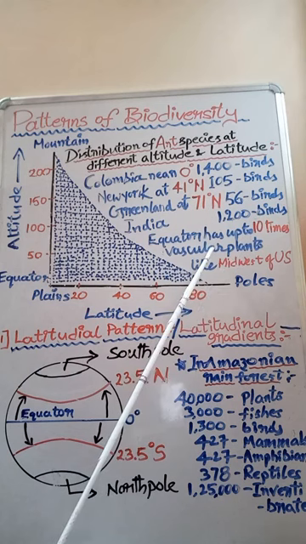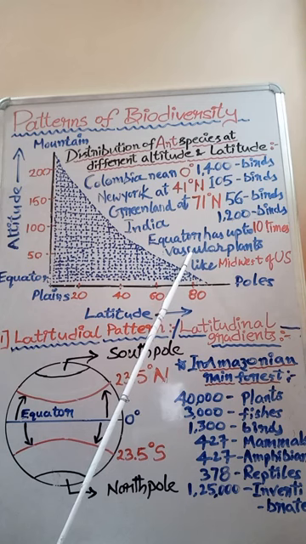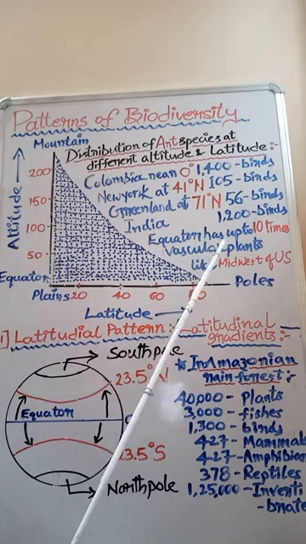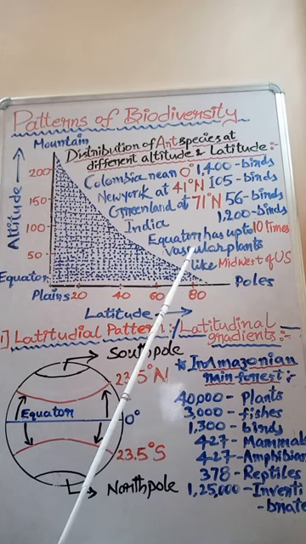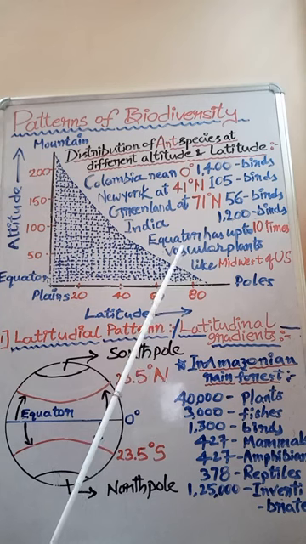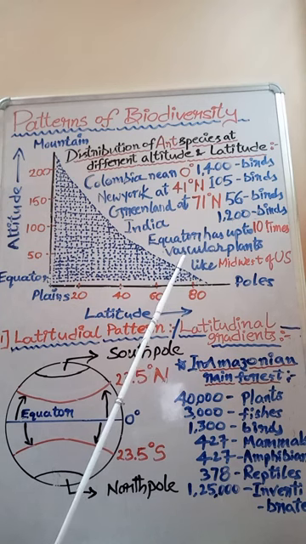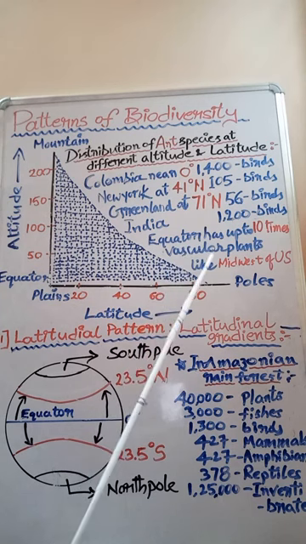Vascular plants means, students, we can go back to first year: algae, bryophytes, pteridophytes, gymnosperms, angiosperms. So these are the different 5 divisions. First, land vascular plants are called pteridophytes, followed by gymnosperms and angiosperms, the higher plants.